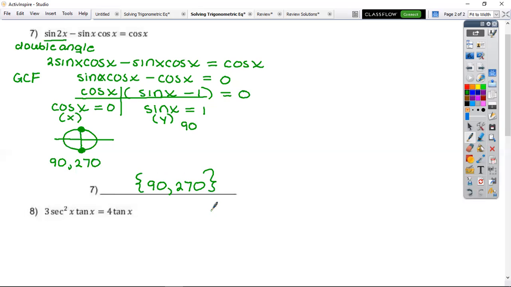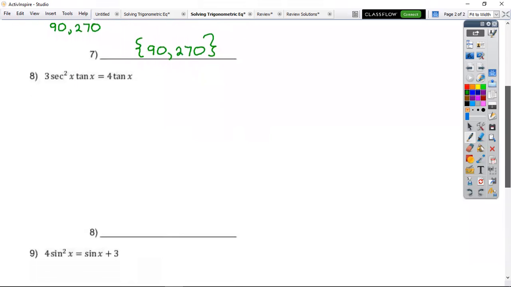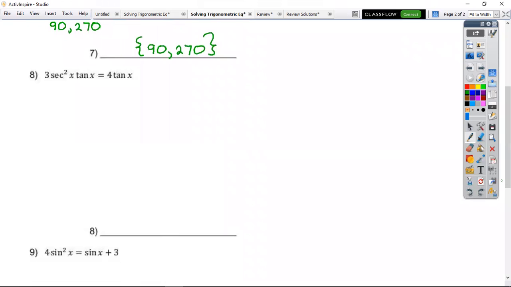How do we feel on 7? Pretty good? Okay. Number 8. I see a squared in this one. So this is a quadratic trig equation instead. Now I see secant squared x. So grab that formula sheet. When we do something squared, what category does that refer to?